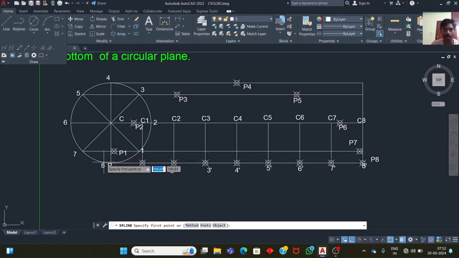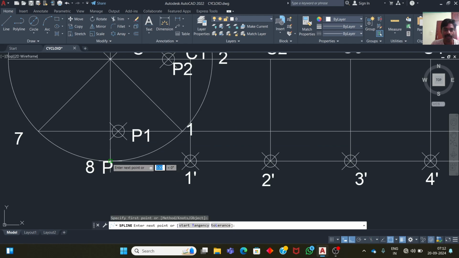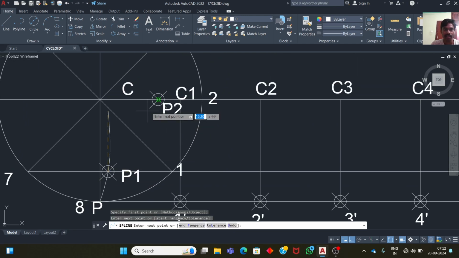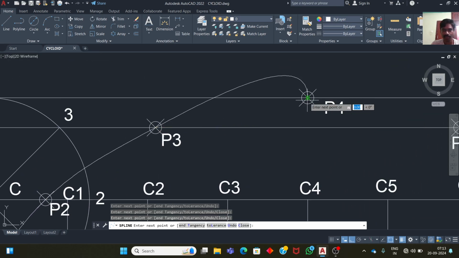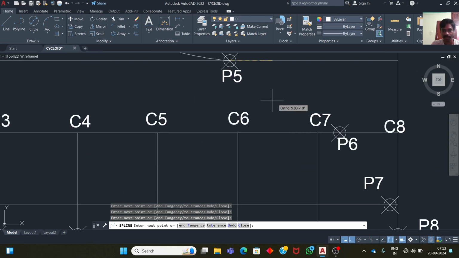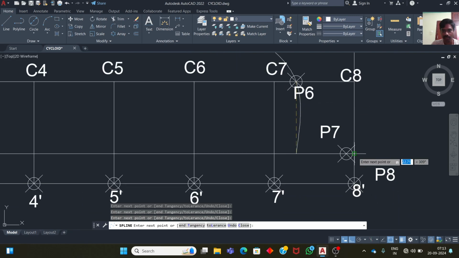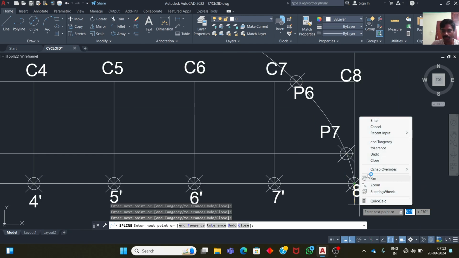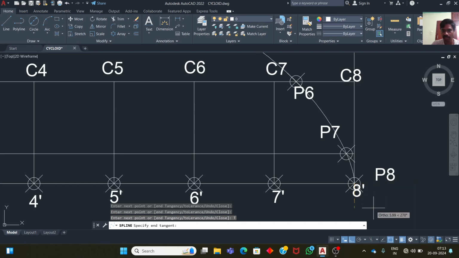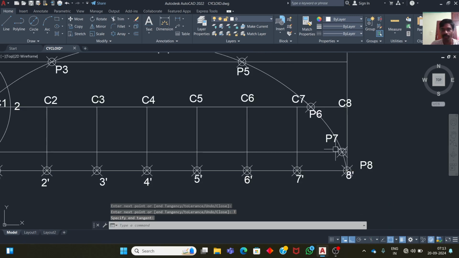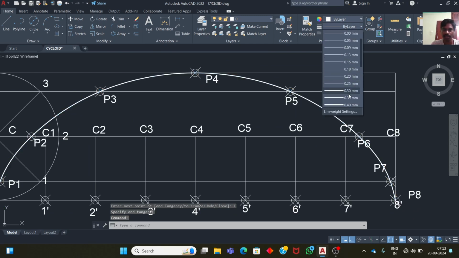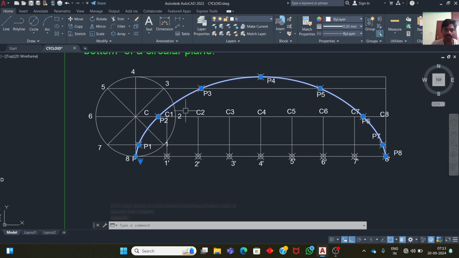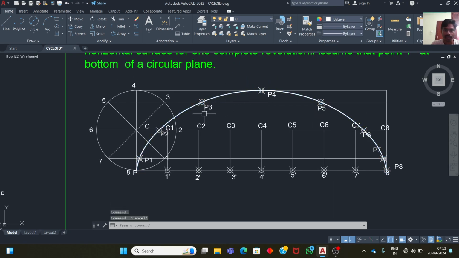Take this command, and from point P1 join the first, second and third points, 4, 5, 6, 7, 8, and then tangency, and enter. Okay, give the line weight if it works. So this is the cycloidal curve.